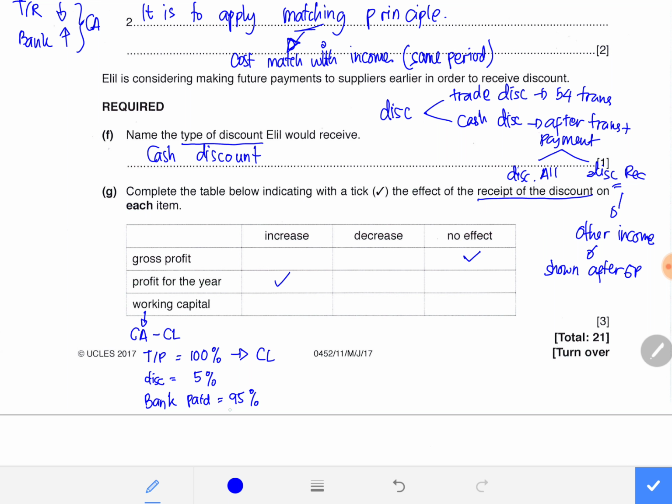Now, according to this, trade payable is CL. Discount received is income. Bank is CA. When there is a payment of the trade payable, your CA will be decreased.